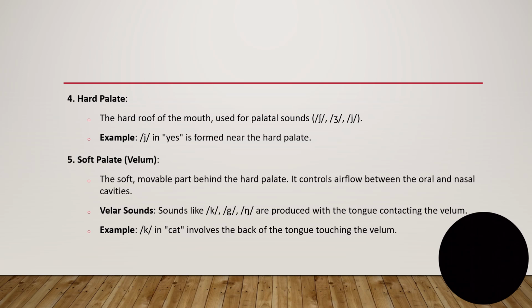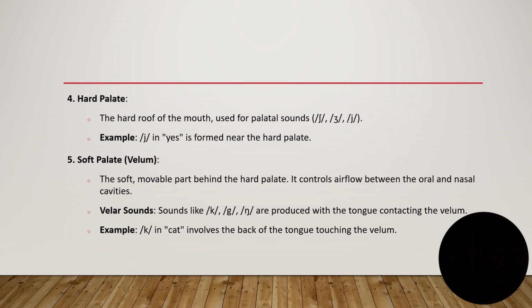Fourth, we have the hard palate, the hard roof of the mouth used for palatal sounds like sh, j, and y. Example, y in yes is formed near the hard palate. Fifth, the soft palate, i.e. the velum, the soft movable part behind the hard palate.